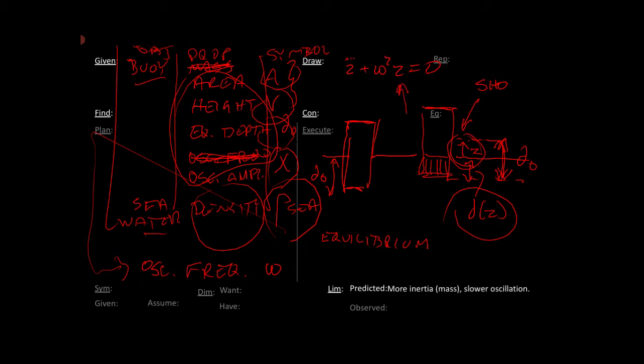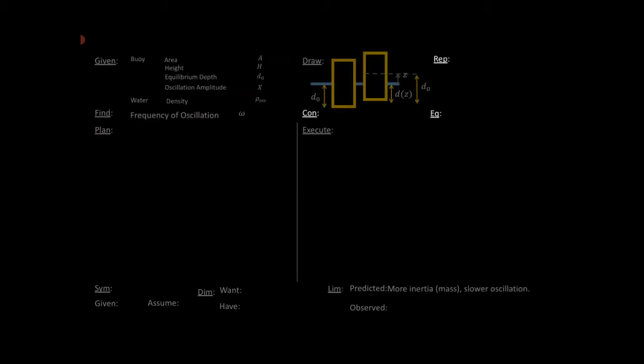That's how far we pulled this up. And the D0 is equal to the current amount, the current draft here, how much of the buoy is under the water, plus that Z. Okay, so we're ready to go.